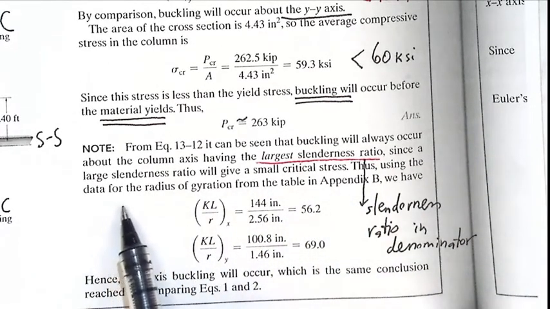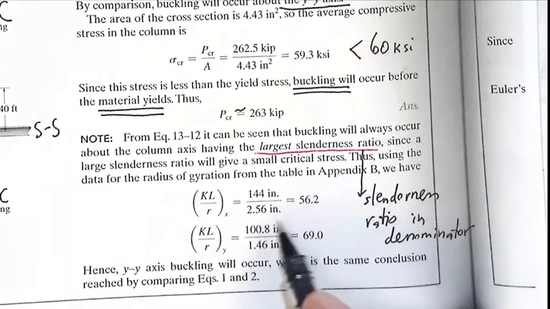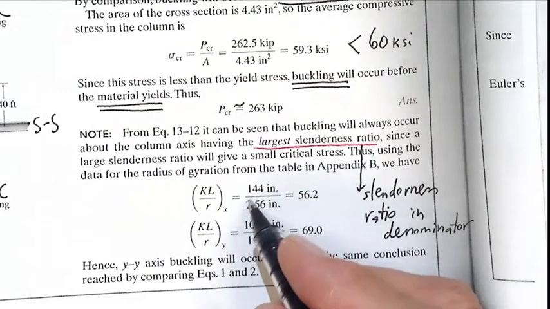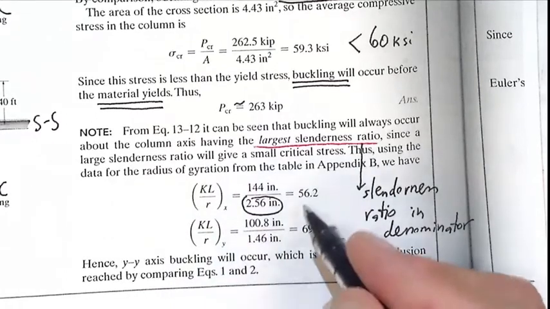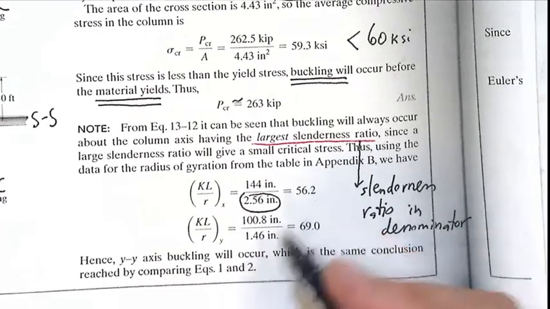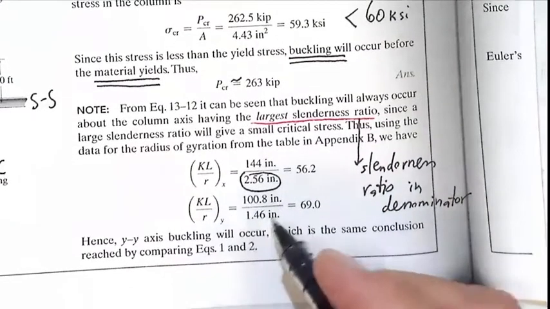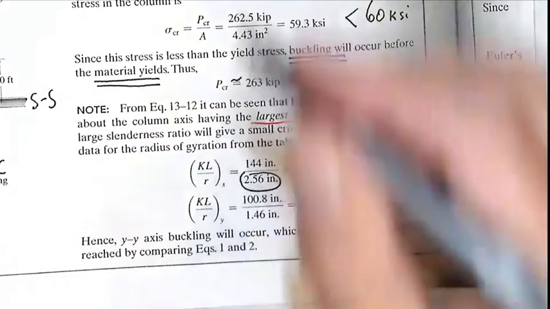Thus, using the radius of gyration from the same table, KL we calculated in the x direction is 144, so 56.2 is the slenderness ratio. In the y direction, KL we calculated as 100.8.